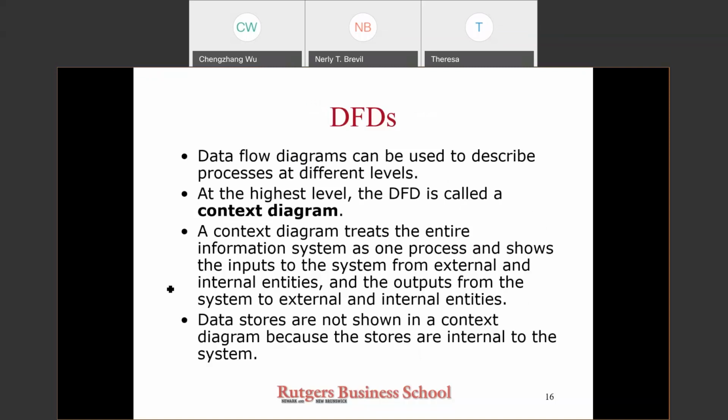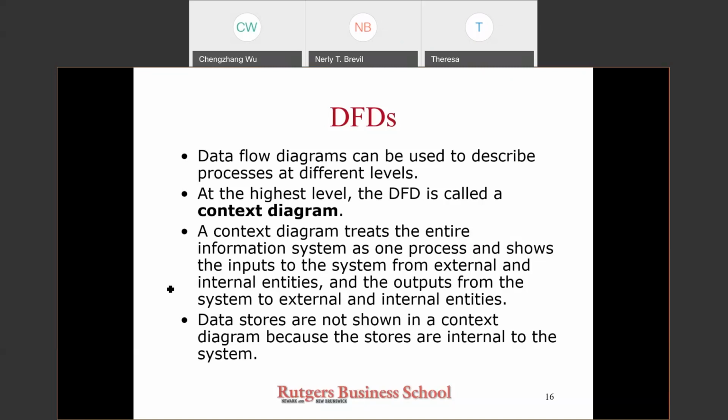Data flow diagram can be used to describe processes at different levels. At the highest level, it is called context diagram. The context diagram treats the entire information system as one process and shows the inputs to the system from external and internal entities and the outputs from the system to external and internal entities.